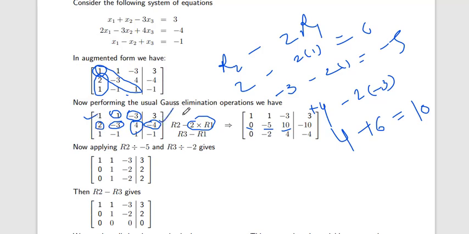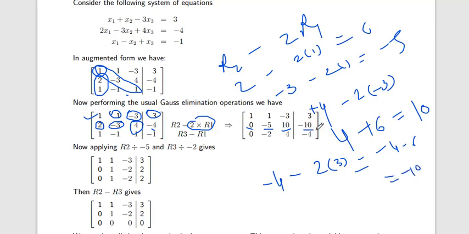So do not forget: minus 4 minus 2 times R1, and R1 is 3, is minus 4 minus 6, which gives minus 10.